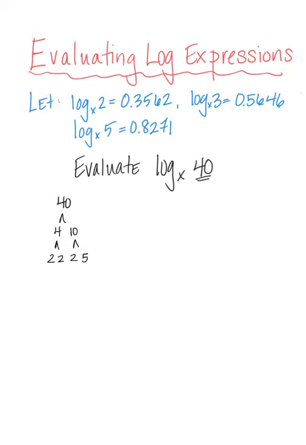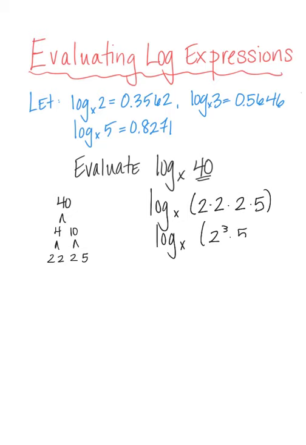So I'm going to rewrite that argument as 2 times 2 times 2 times 5. Or to clean it up a little bit, 2 cubed times 5. Now, this problem is similar to the first example where these two values in the argument are multiplied.